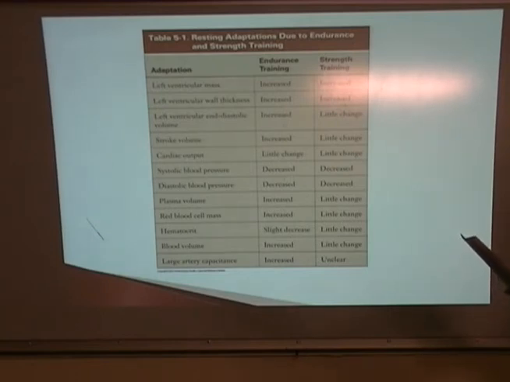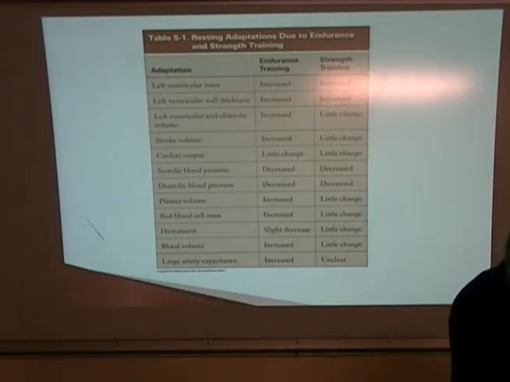If you look at this table, and it's not going to be 5.1 in our new book, let me find it for you. It's 6.1 and it's on page 172.